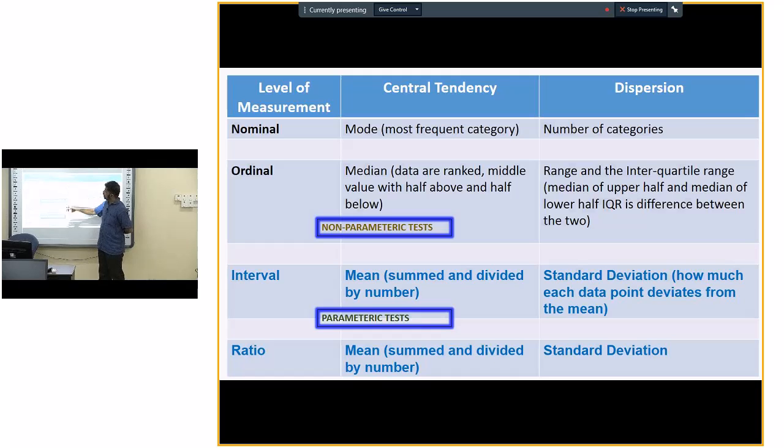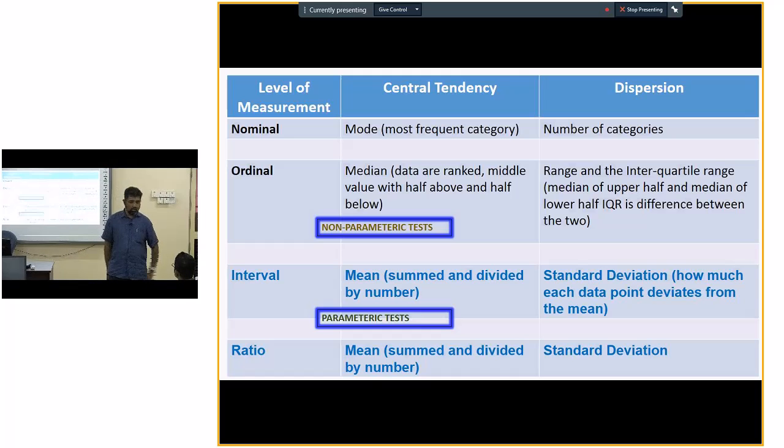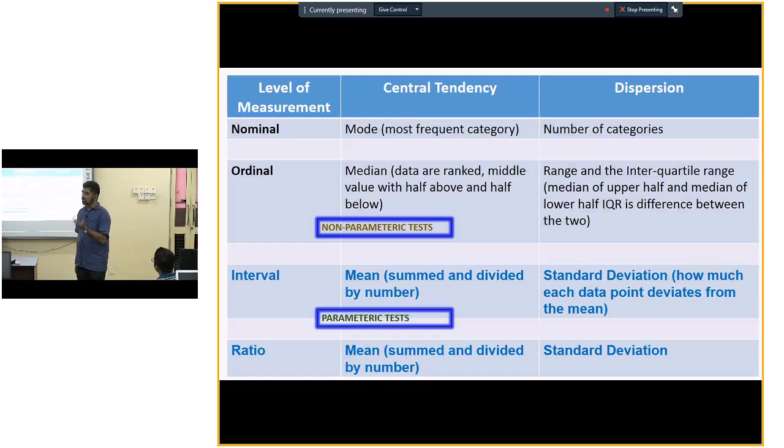If you are using central tendency measurement, it is mainly mean, median and mode. Normally when you are using your software, you just have to click mean, median and mode.